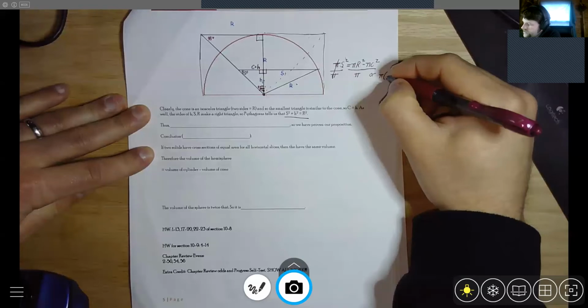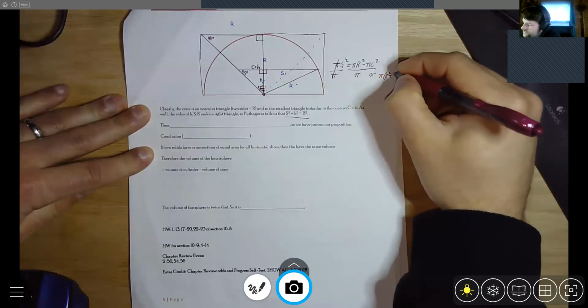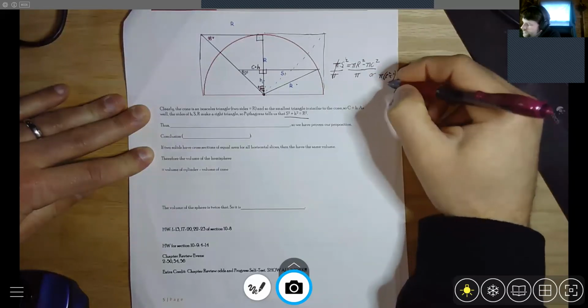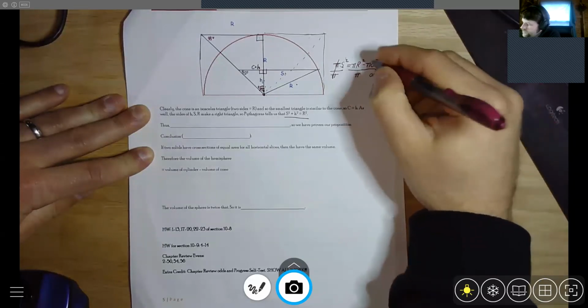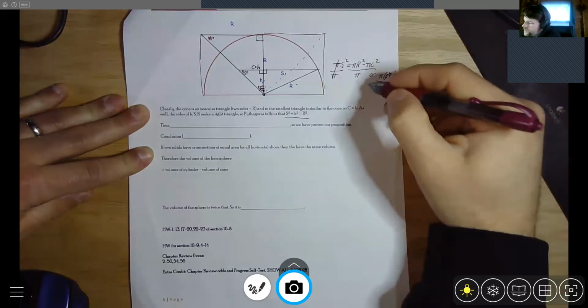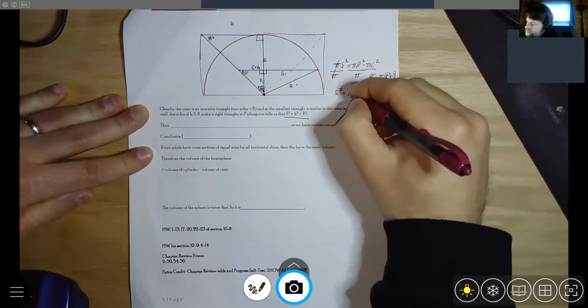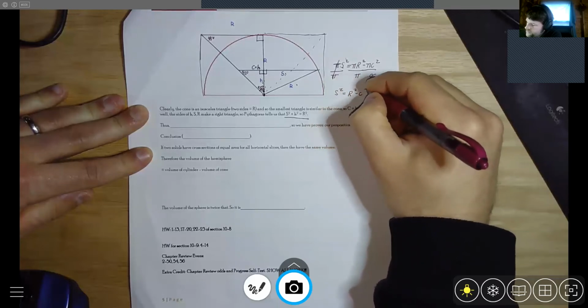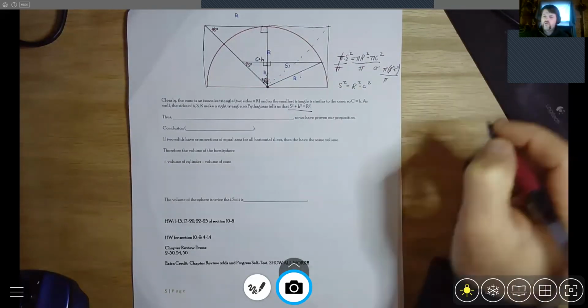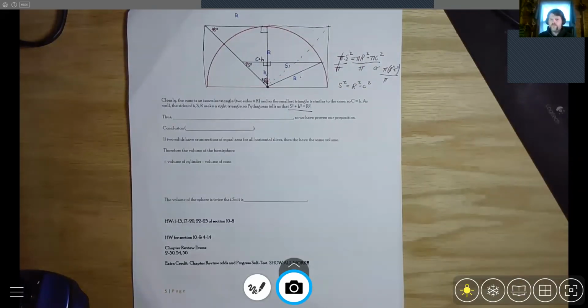So pi times r squared minus c squared, over pi. Either way, it's going to simplify to s squared equals r squared minus c squared. Hopefully you understood the algebra there.